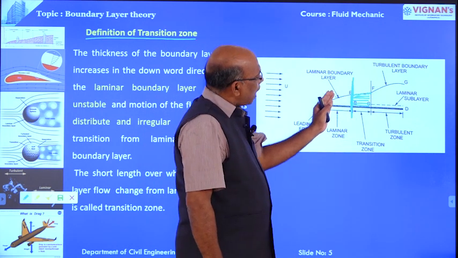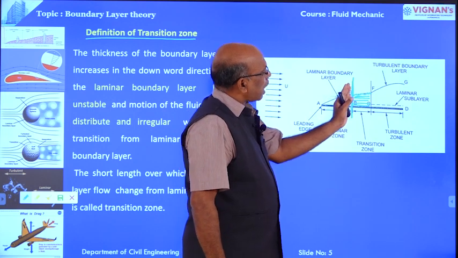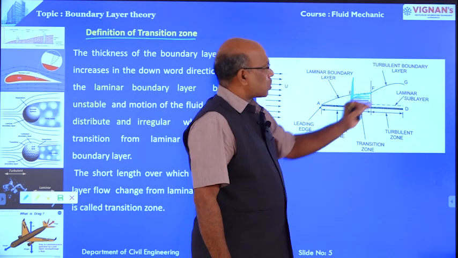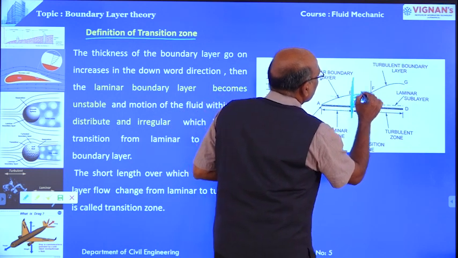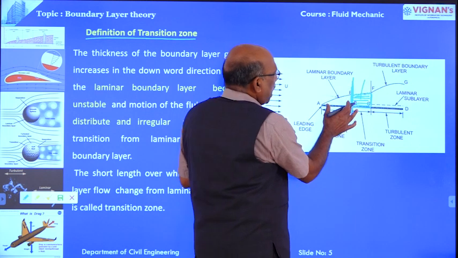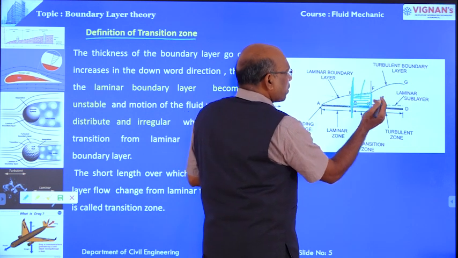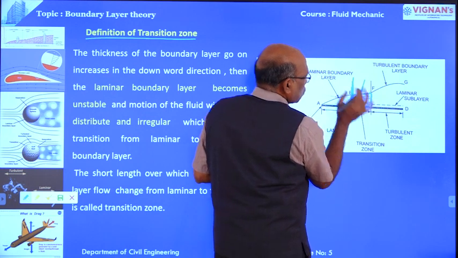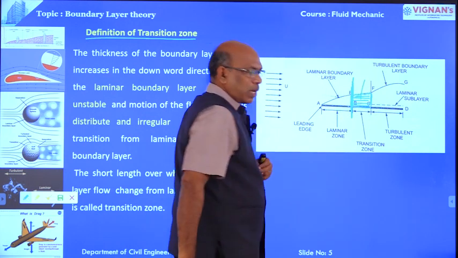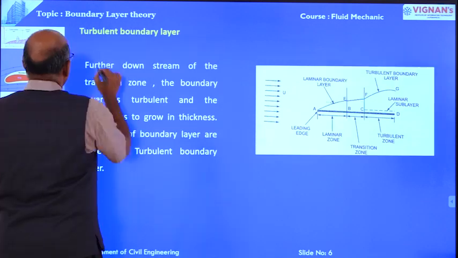Therefore, the laminar boundary layer is transferred to the turbulent boundary layer within this small area. Are you clear? That zone is known as the transition zone.